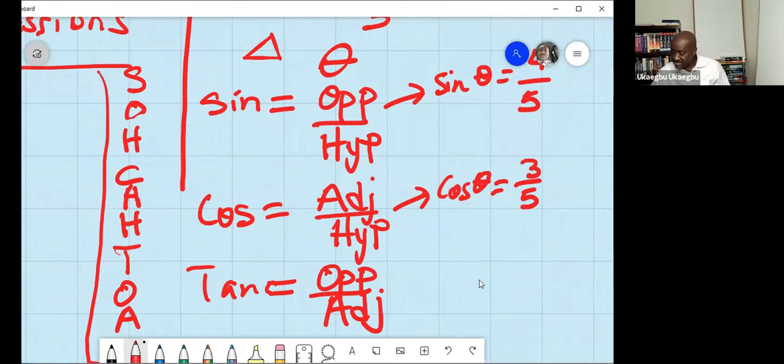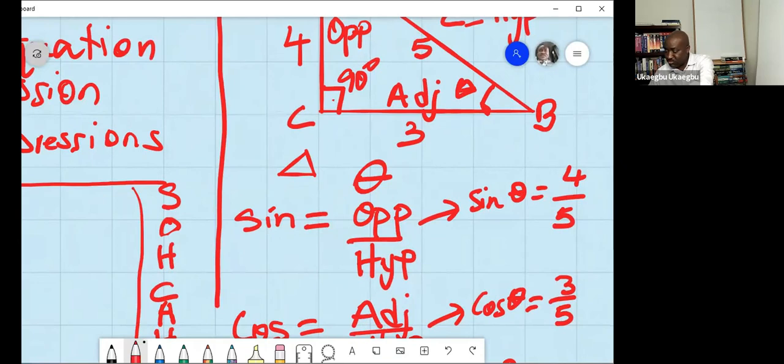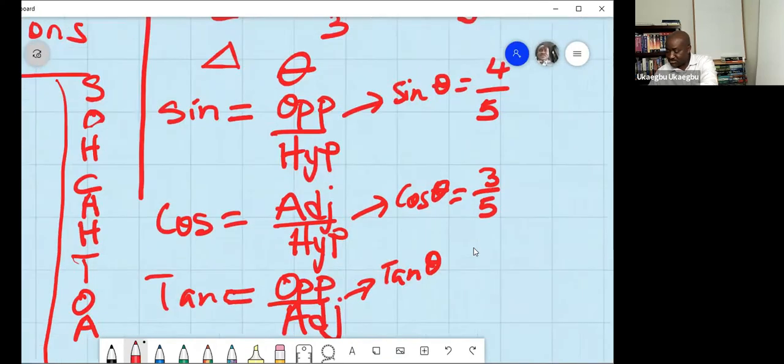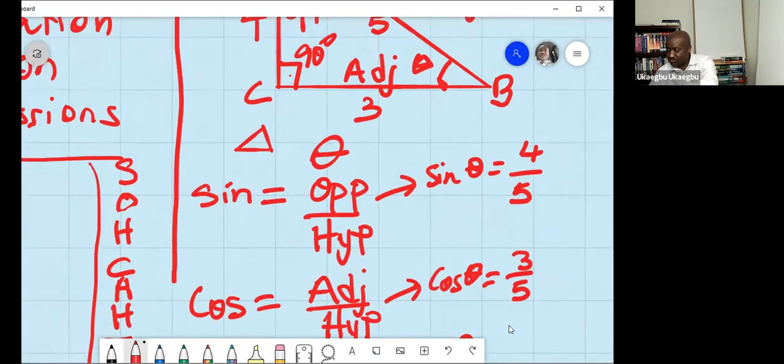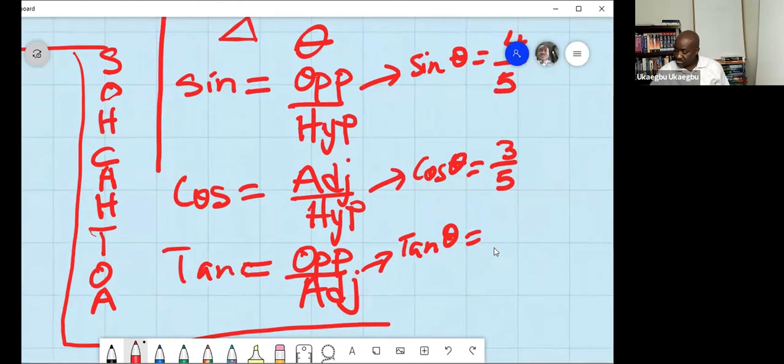And tan theta is opposite over adjacent, which is 4 over 3. You see? So this is the idea.